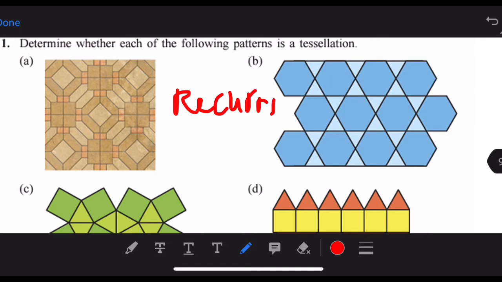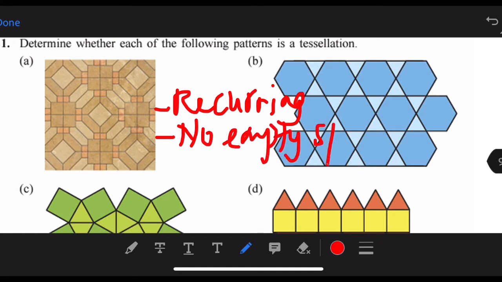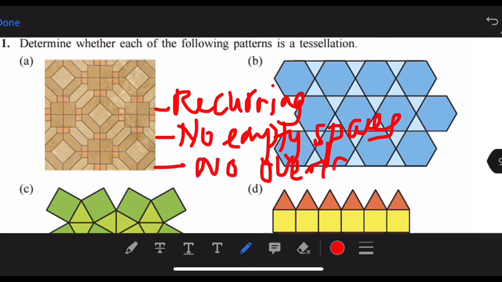The shape must be recurring, then there are no empty spaces, and it must have no overlapping. So it seems like it fulfills the 3 conditions: 1, 2, 3. Yes, this is a tessellation.